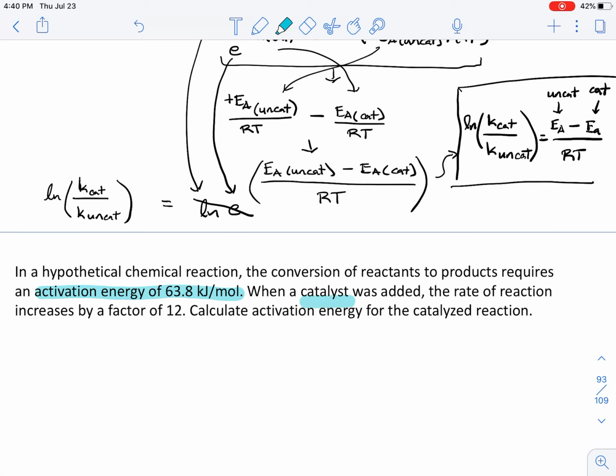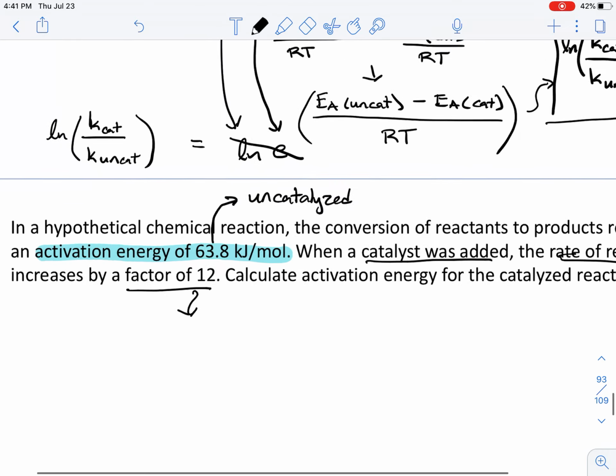So when the catalyst was added, the next sentence infers that this activation energy is for the uncatalyzed reaction. Now when the catalyst was added, the rate of the chemical reaction increased by a factor of 12.